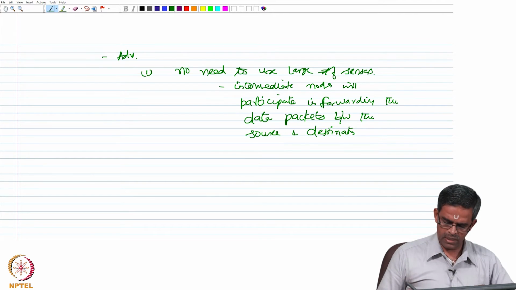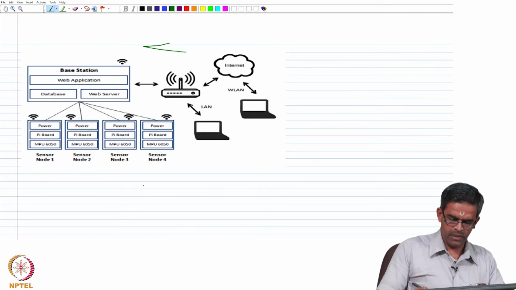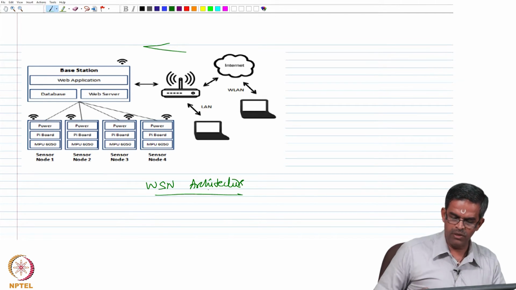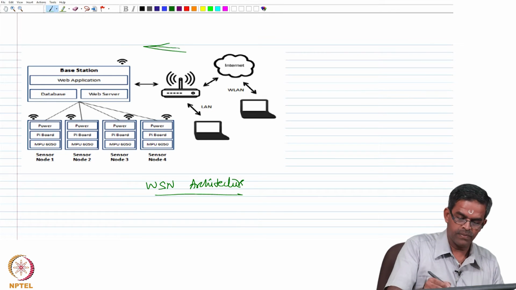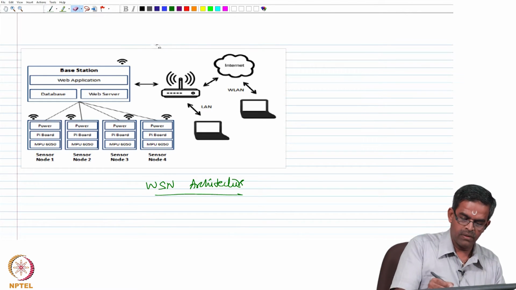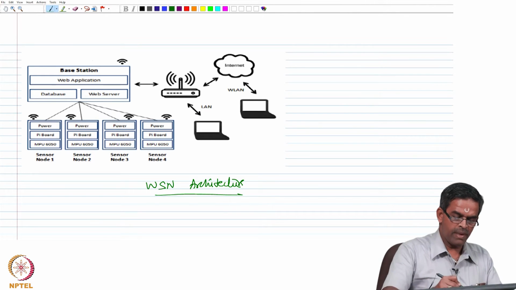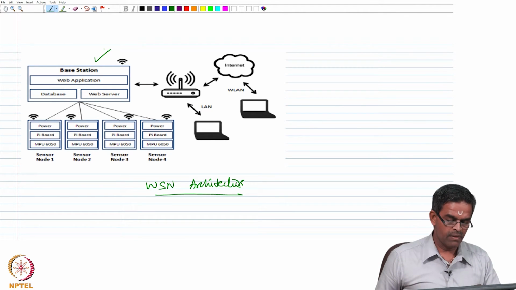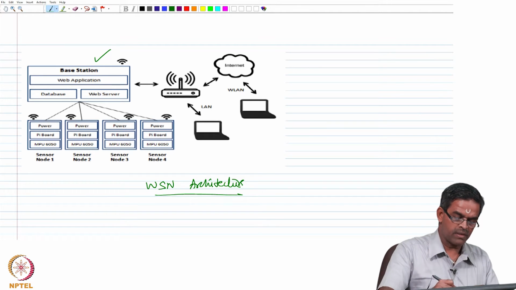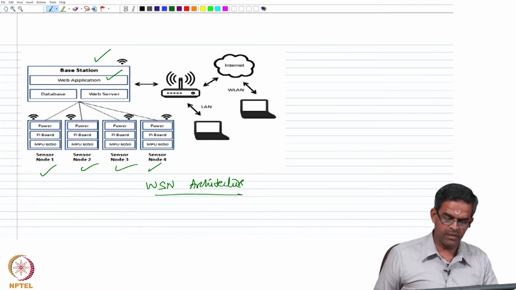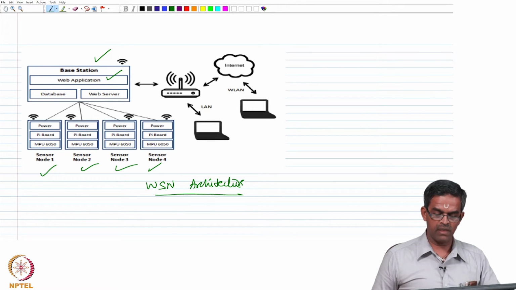Let us look at the sensor architecture. This is the wireless sensor networking architecture, which is currently being designed and used for the TLP in experimental lab scale. There is a base station which has a web application server. The sensors are connected to the base station using GPIO pins, as we discussed.